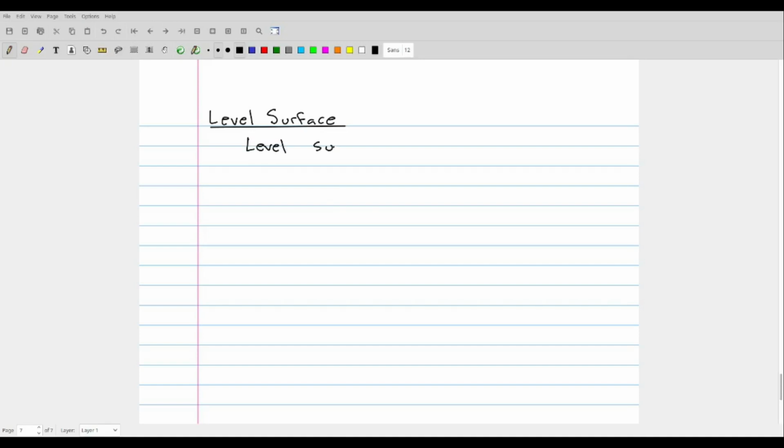A level surface is like a level curve, but for a function of three variables.